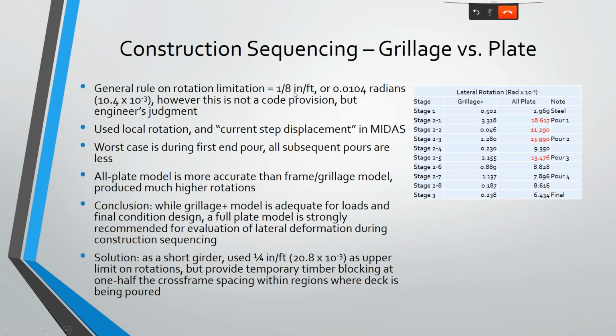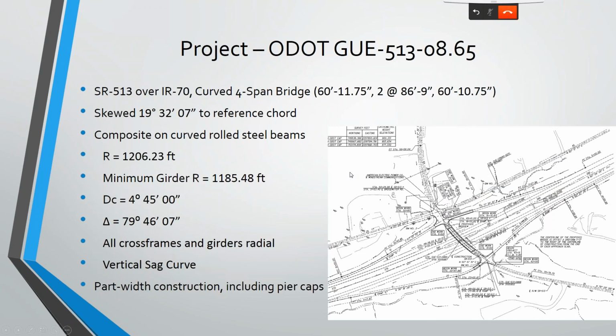And again, the overall total, if you're using a 60-inch deep web, 60 inches here times this, you're going to get a value that's very similar at the 1/8 inch to what we would use at our 33-inch times a 1/4. So we didn't feel that the overall would needed to necessarily meet this provision just because we are a shorter girder, and we did provide the extra timber blocking to account for it.